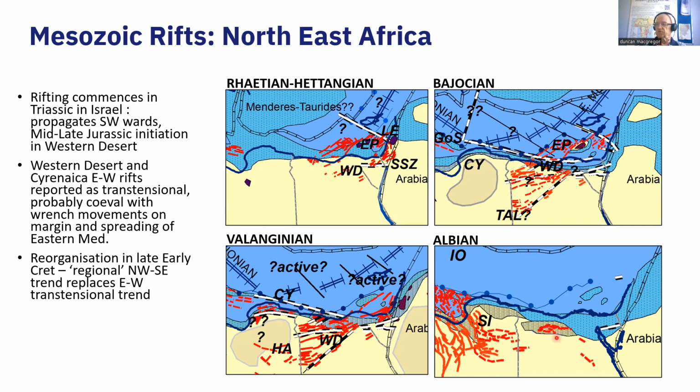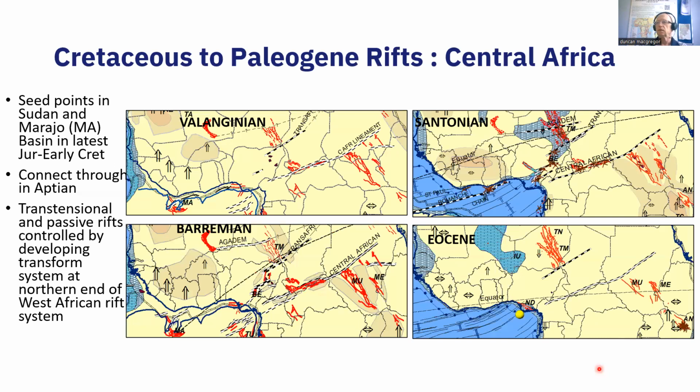So these rifts are generally older down through here, through southern Egypt at that time. The best controlled ones, and the ones that really show the model for passive rifting associated with the transform, are these Cretaceous ones in Central Africa.